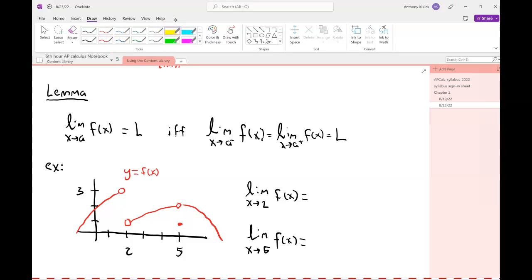All right. So take a look at the picture here that we've been given. What would we say the limit as x approaches 2 is? It doesn't exist. Excellent. Why is that, Amanda?